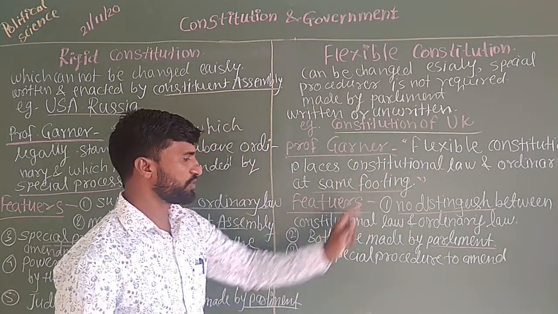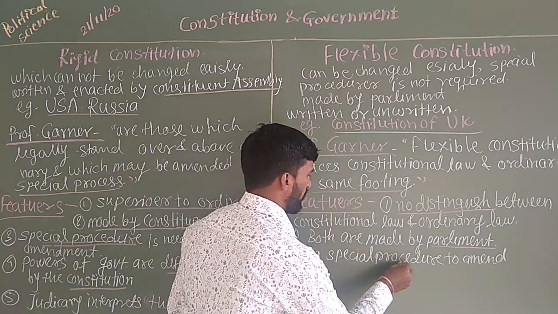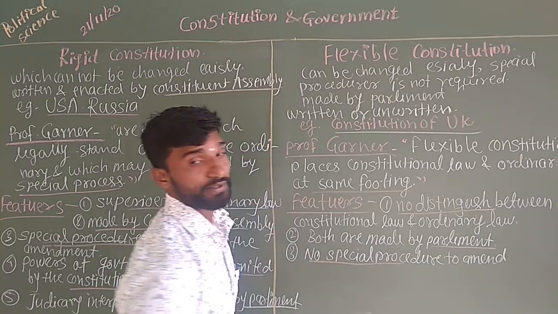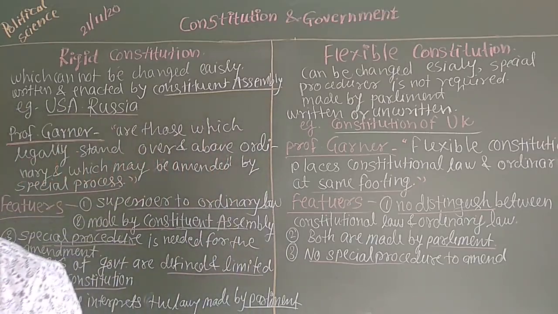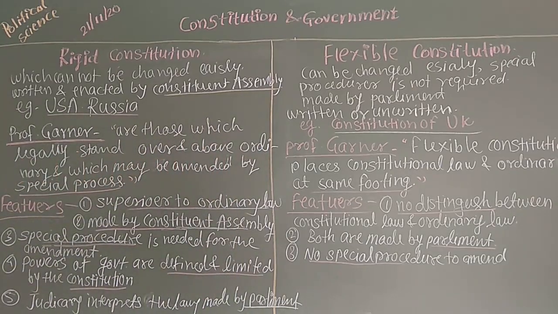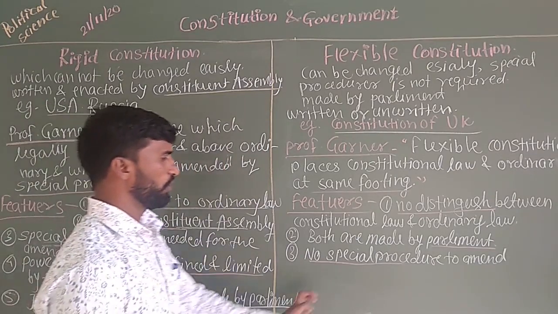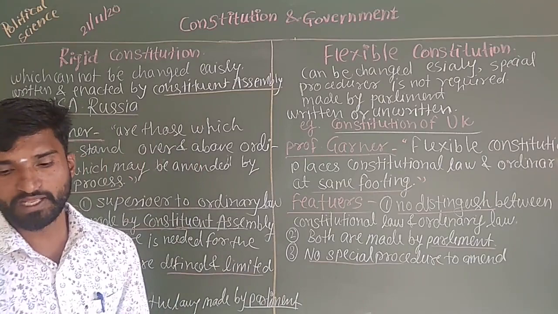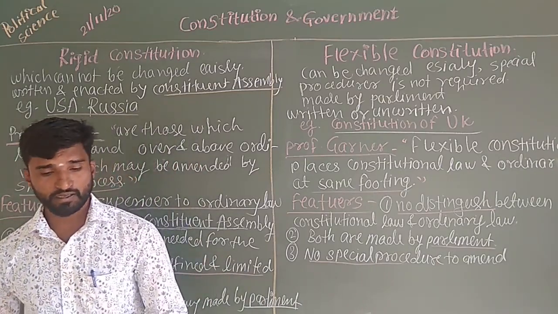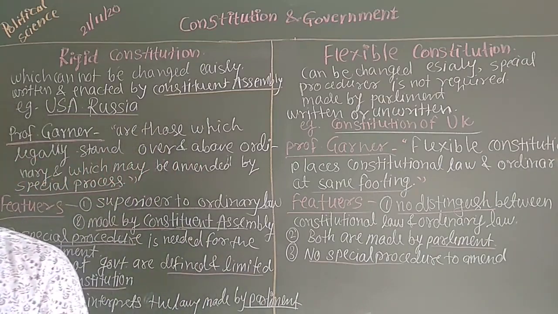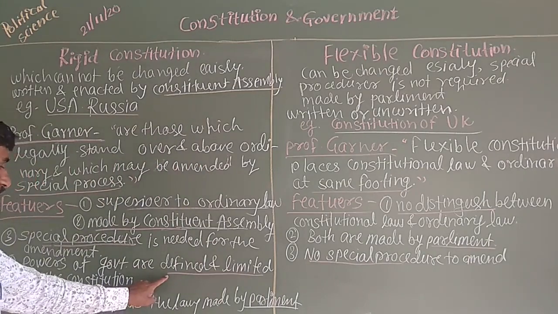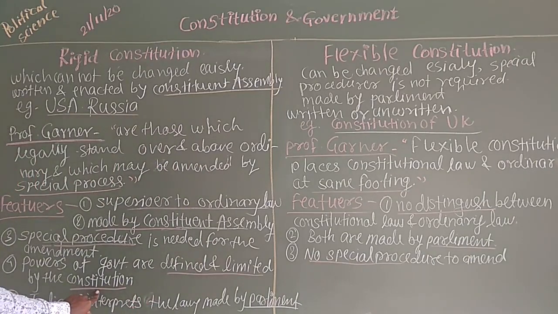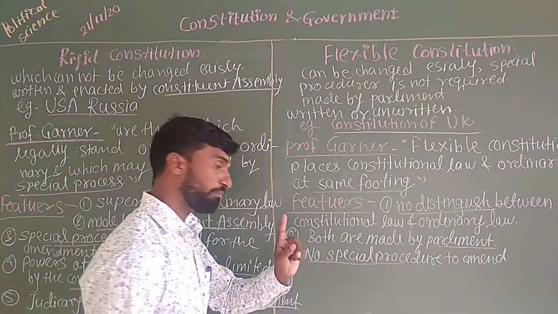No special procedure is required to amend the constitution. Fourth, powers of the government are defined and limited by the parliament, whereas elsewhere we see it by the constitution, but here it is parliament.